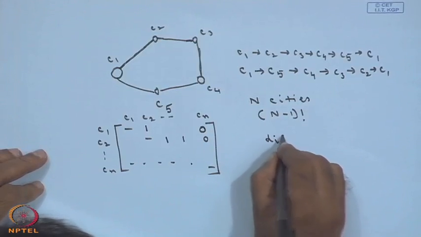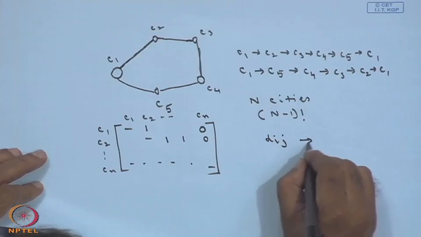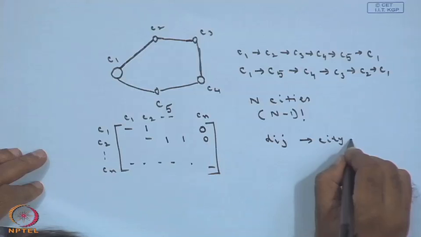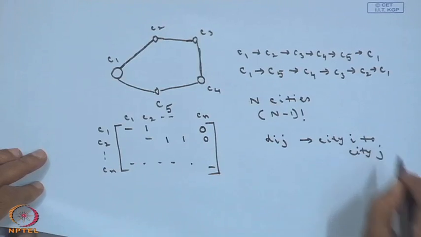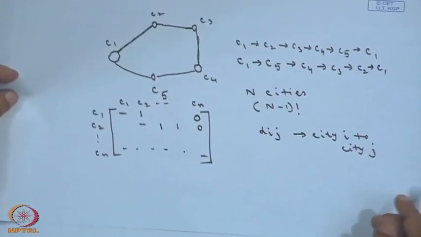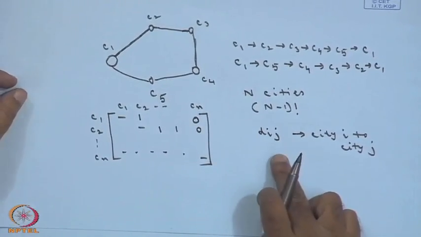And suppose d_ij is the distance from city i to city j.